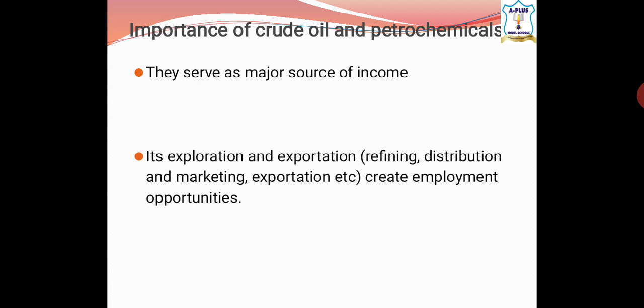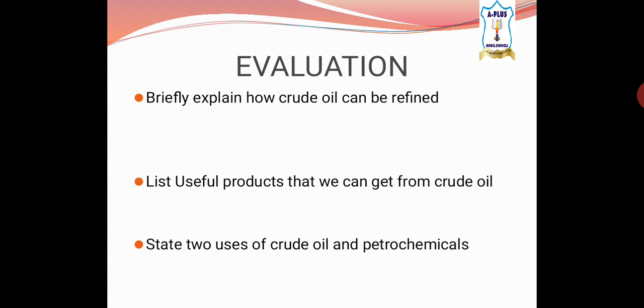Even if you are working in a refinery nowadays in Nigeria, they pay you very high. The filling stations also employ workers like attendants to sell for them. All this creates job opportunities. So these are the uses of crude oil and petrochemicals.